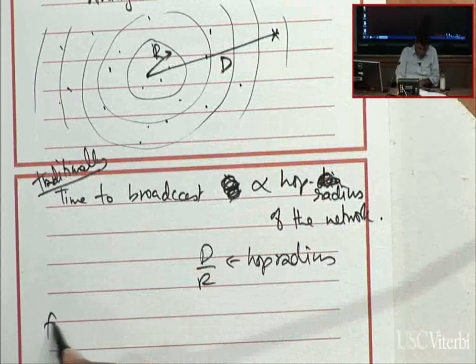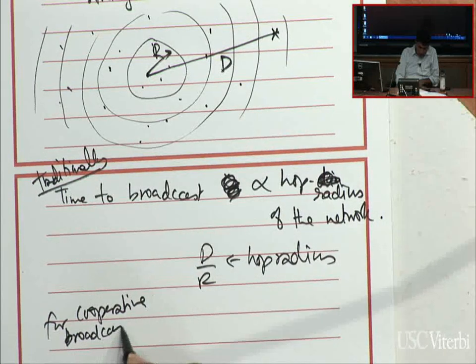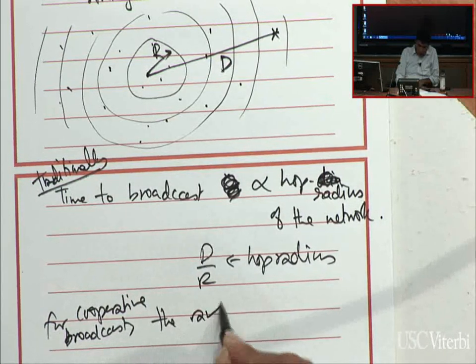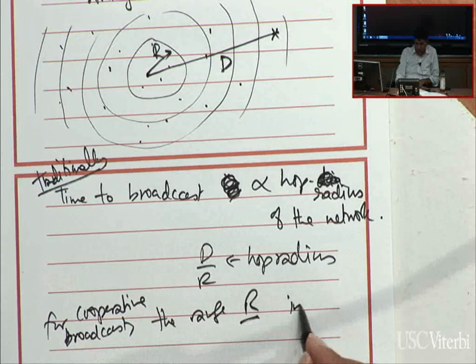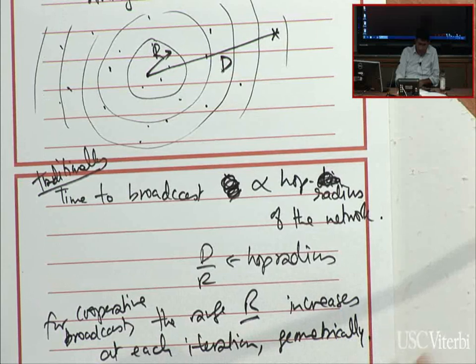But for cooperative broadcast, what happens is the range R increases at each iteration. And not only that, it increases geometrically. What do I mean by that?